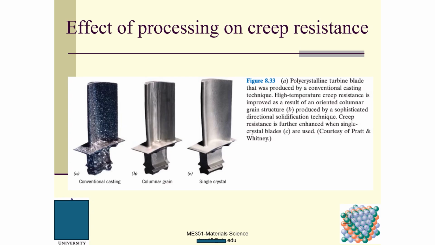This one is a single crystal, and the whole thing is a single crystal. And this is polycrystalline, the turbine blade produced by conventional casting. The second one is a sophisticated directional solidification technique, and I'm going to talk about this and how we get these columnar grains. And this one is a single crystal blade.